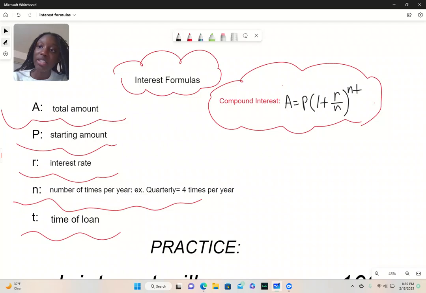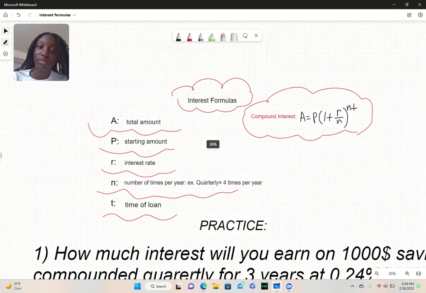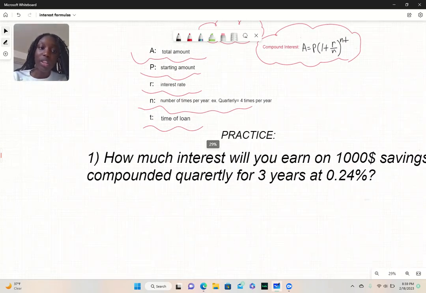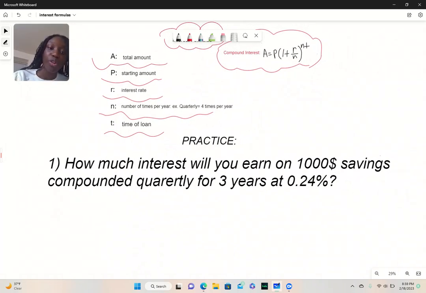So now let's apply this to an equation. This equation says, how much interest will you earn on $1,000 of savings compounded quarterly for 3 years at 0.24%? So first, let's figure out all the variables.